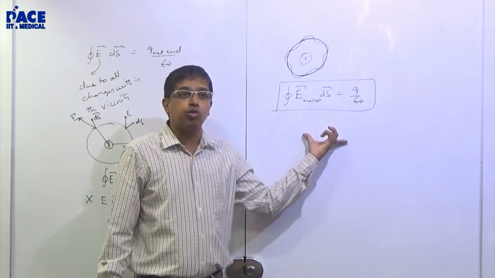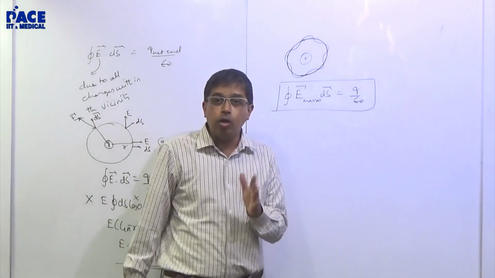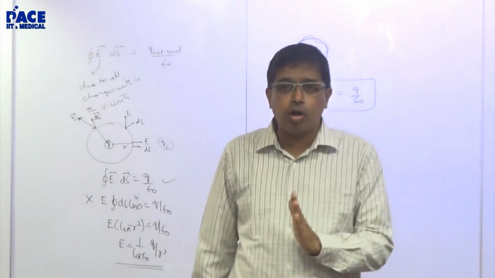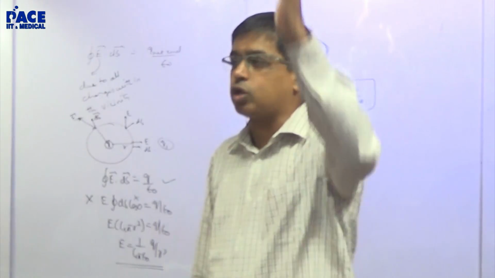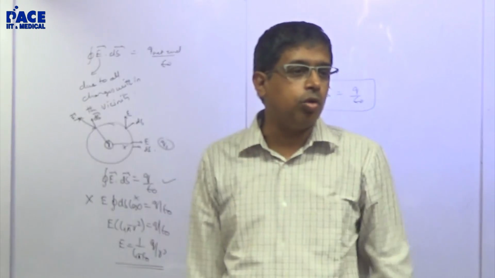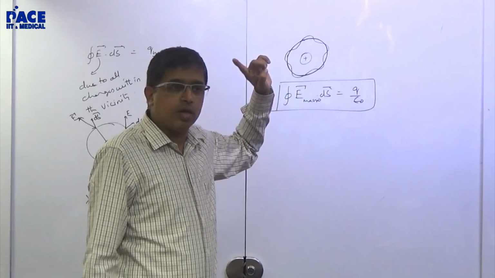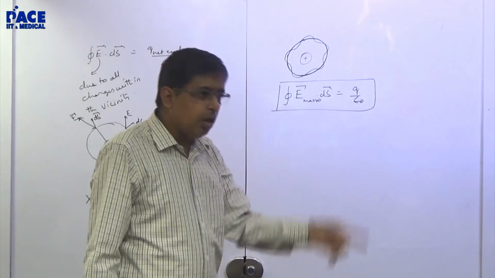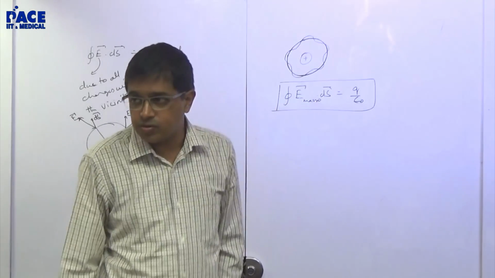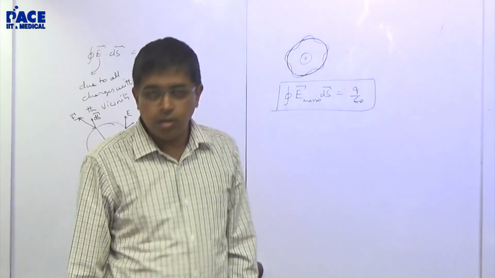It is a macroscopic viewpoint. Don't ask what if the Gaussian surface passes through an electron, should I take it inside or outside? Not permitted. For me the electron will either be inside or outside the Gaussian surface. Is this clear, all of you?